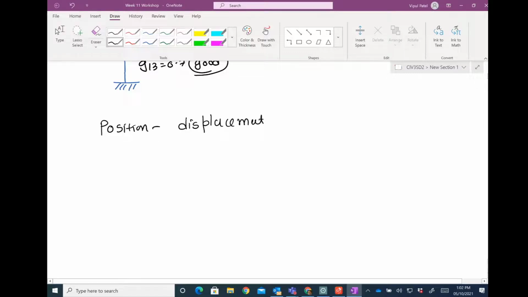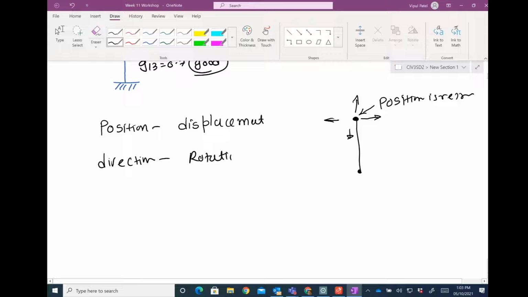What is displacement meaning? If you have this point and this point, and it does not go left or right or up and down, then this position is restrained. And so that is position. And direction means rotation. Direction meaning rotation. That's what it says. Now rotation meaning that this point can rotate in its position about the axis, then your direction is not restrained.